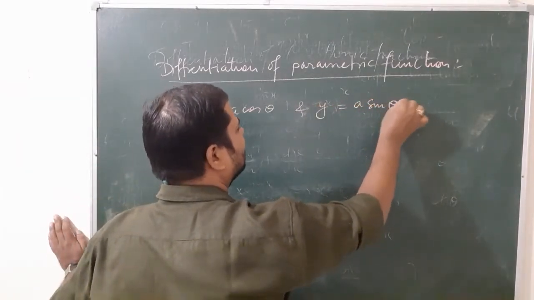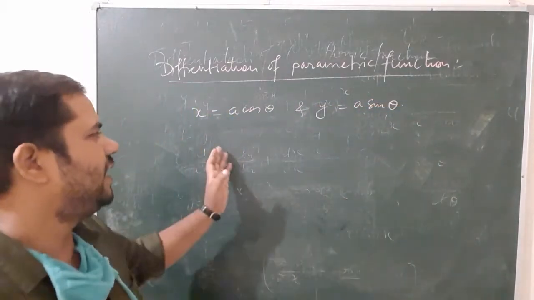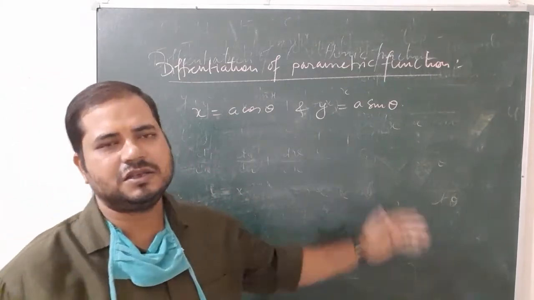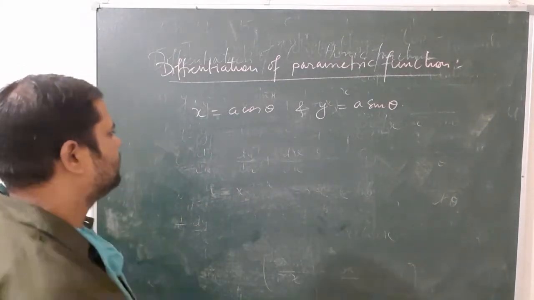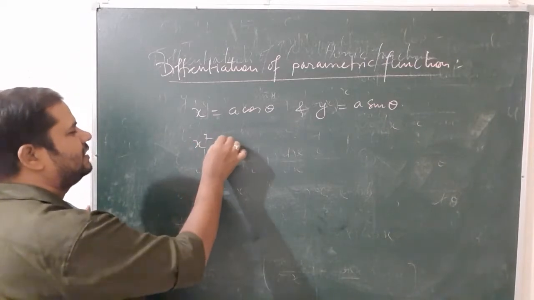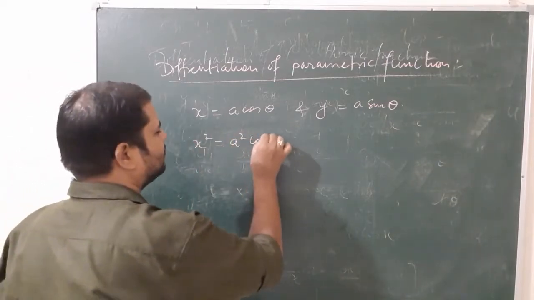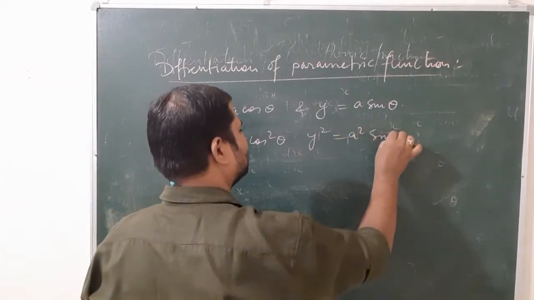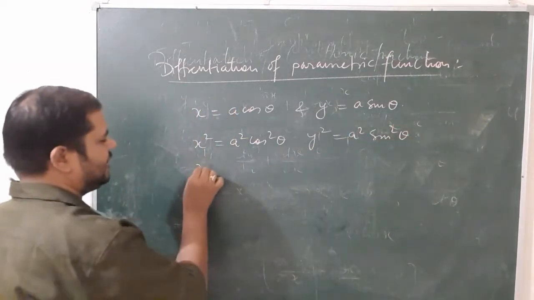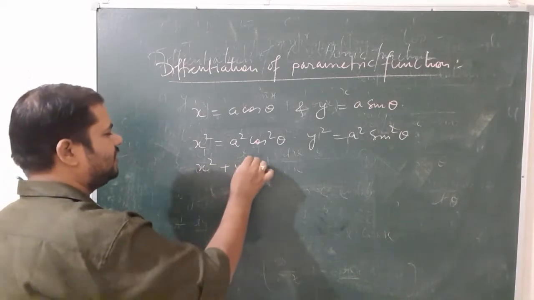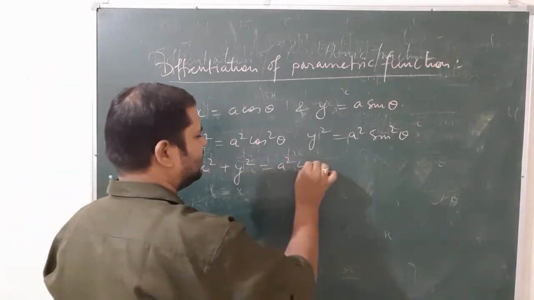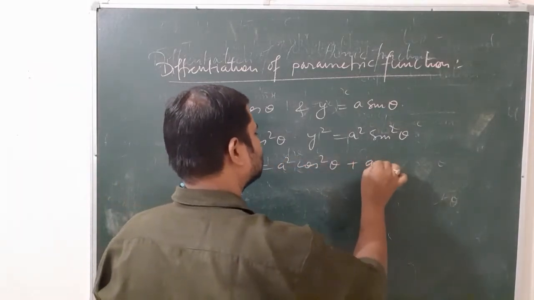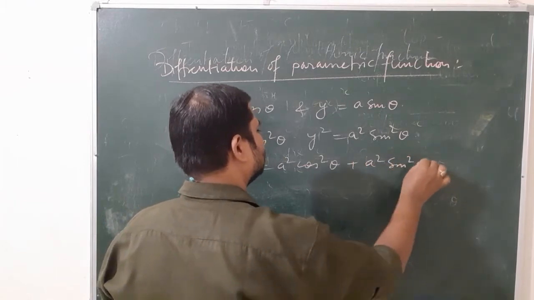Why? Because if you square and add these two equations, you will get the equation of circle. x square is a square cos square theta, plus y square is a square sin square theta. If we add, x square plus y square is a square cos square theta plus a square sin square theta.